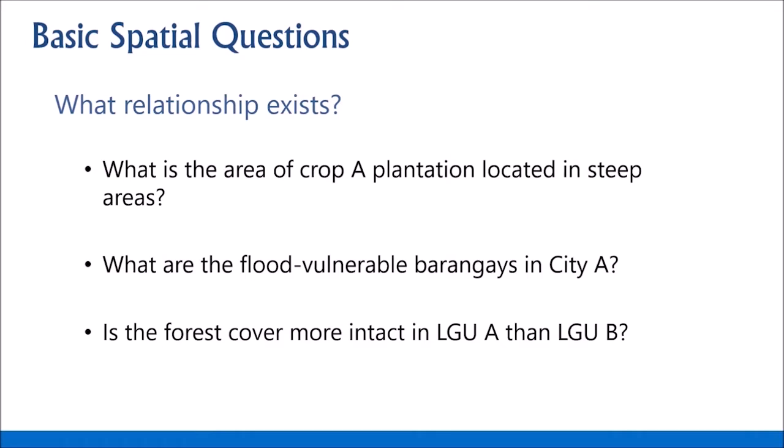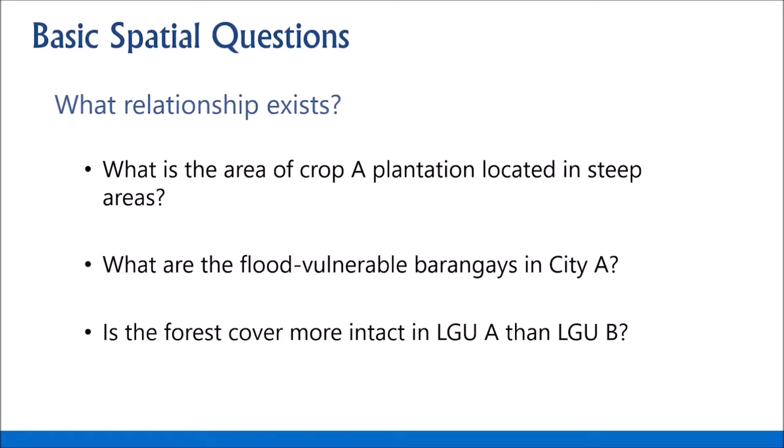Now for the third question, is the forest cover more intact in LGU A than LGU B? Again, we need two types of data here. One is forest land cover, and the other one is LGU types or classes or municipality data. Then first we need to define intact.